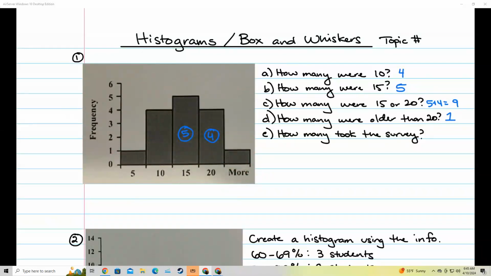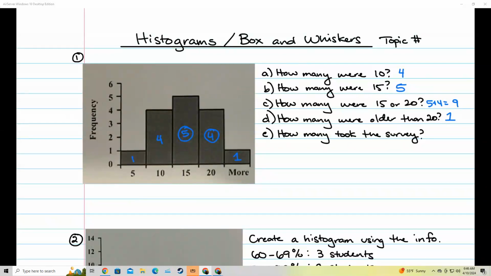And then it says how many people actually took the survey. So I know there were 5 people here, and I know there were 4 people here. We just said that there was 1 person over here. For the 10, we said there was 1, 2, 3, 4. And for the 5, there was only 1 person. So that tells you all the amounts of people.